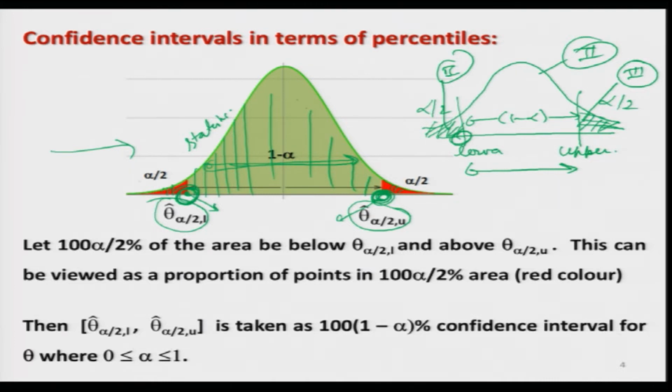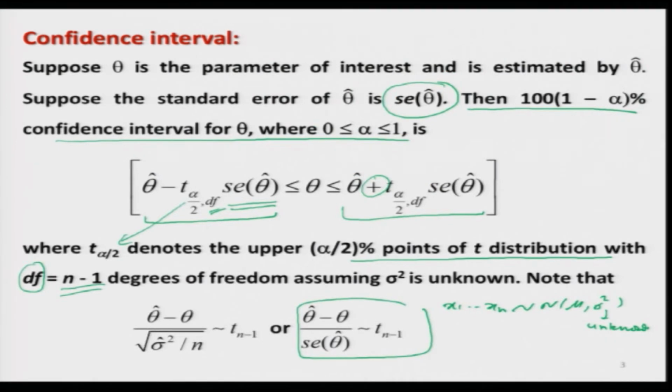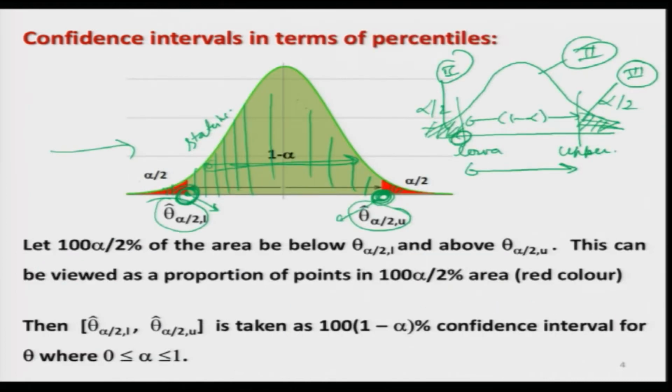So, this is the basic idea behind the confidence interval: it can be constructed or viewed, as we have seen in this slide, under the normal or t distribution, and in principle it can also be seen from the point of view of percentiles. So, what are we going to do? We have to find the sampling distribution, and then find the cutoff values.